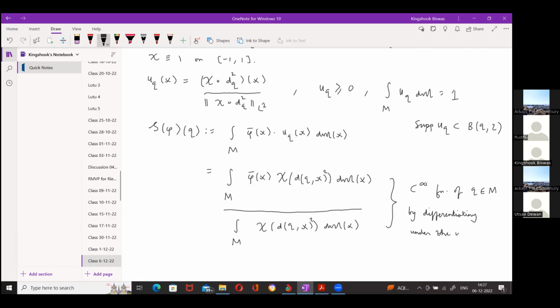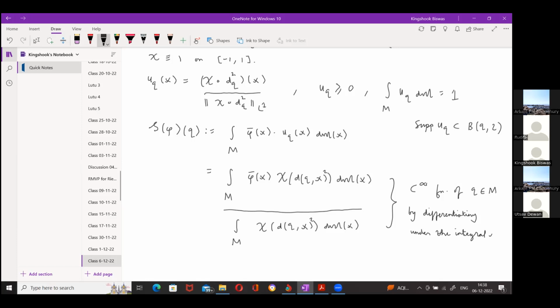Yes. Because the Q dependence is only in this term, chi of distance Qx squared. Phi bar x doesn't depend on Q. So the Q dependence is only in these two terms, and these are smooth in Q. So you differentiate under the integral, and you get that this is smooth.